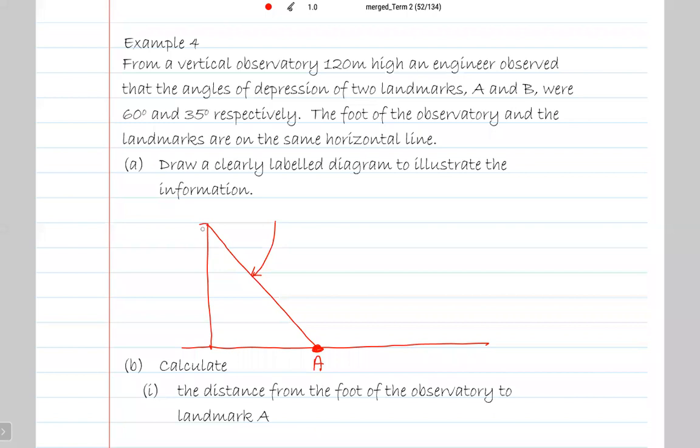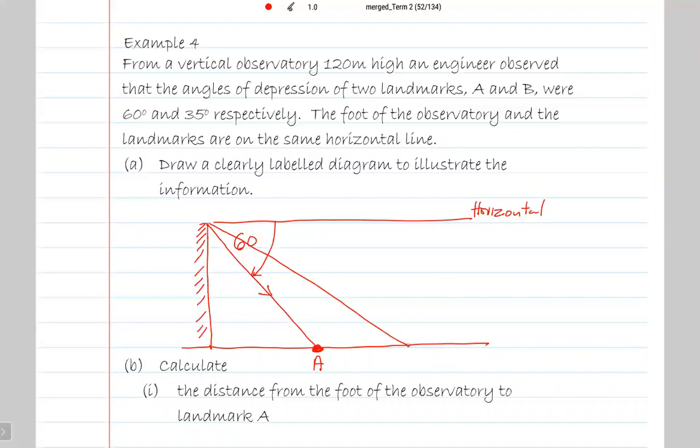So this is the tower. This is the line of sight of the engineer on the top of the tower looking down at A. The angle of depression is 60 degrees. The angle of depression is the angle between the horizontal and the line of sight. The engineer also looked down at B. This is landmark B. And this would be his line of sight.